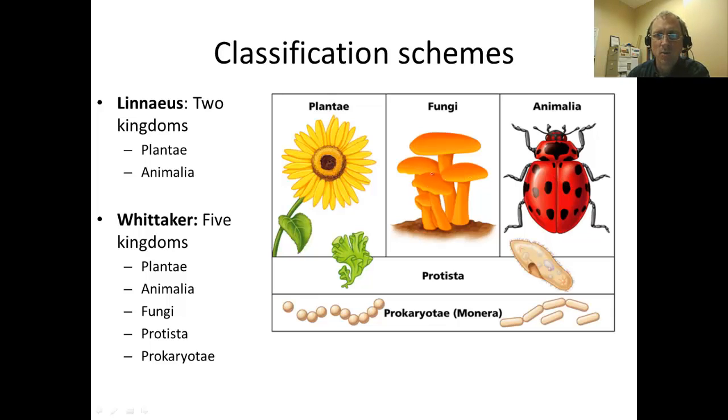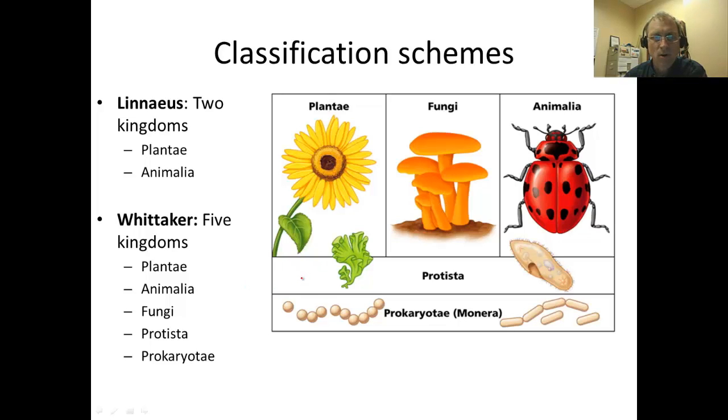Fungi were kind of an intermediate and stationary, closely resembling plants, but of course unable to get their nutrition from the light of the sun. They're not photosynthetic. They actually secrete enzymes and digest the food out in the environment and bring the food back into their bodies.